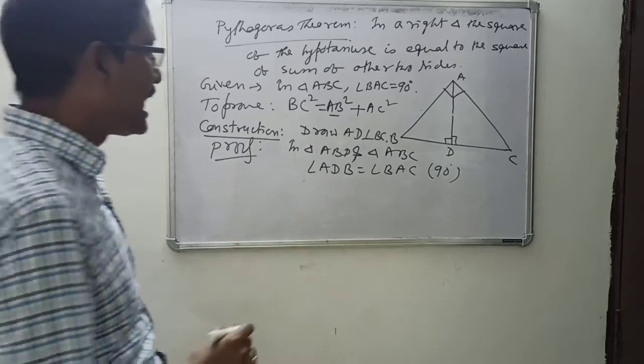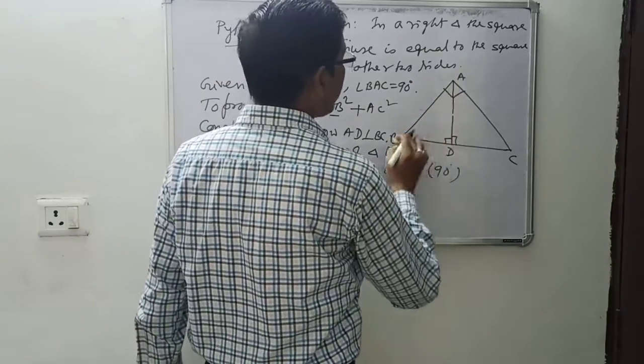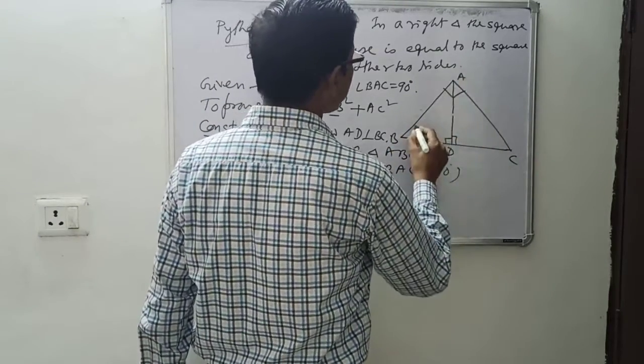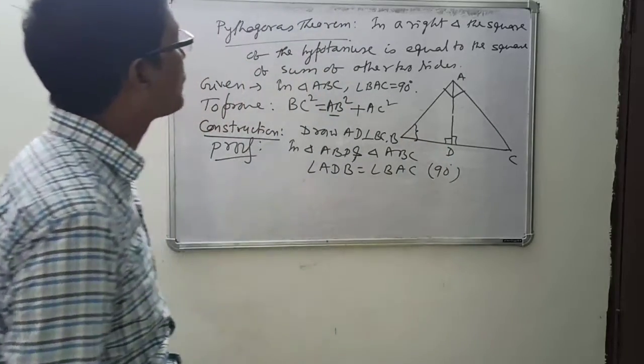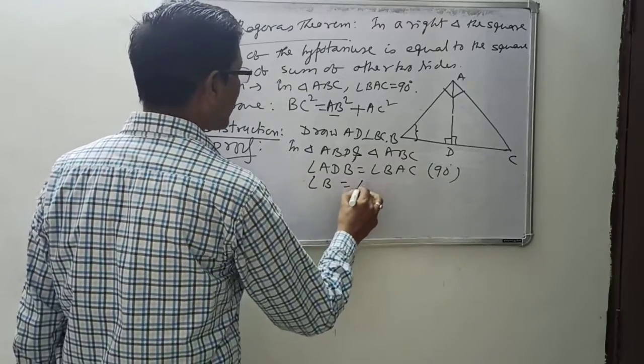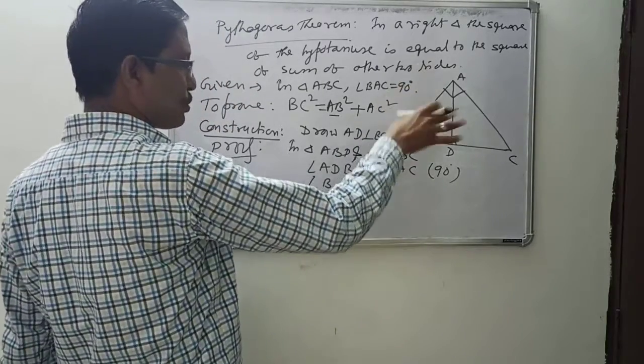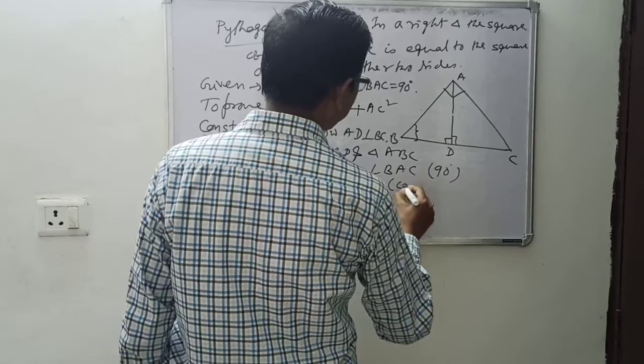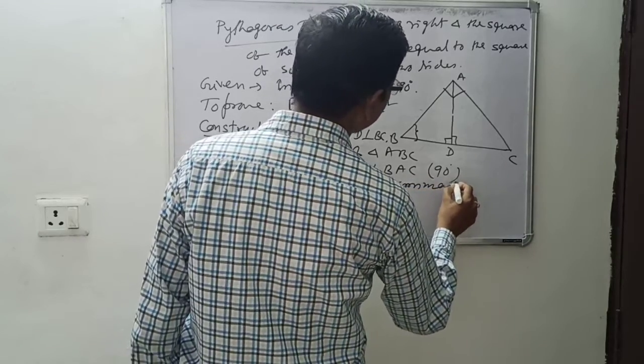One angle we got. Also, angle B is present in both triangles, so angle ABD equals angle ABC, because it is the common part.